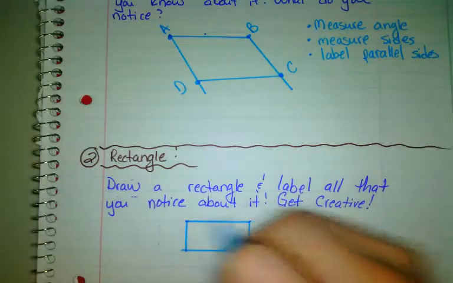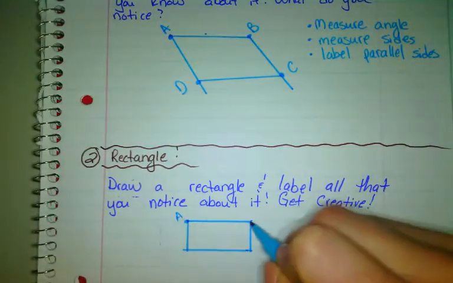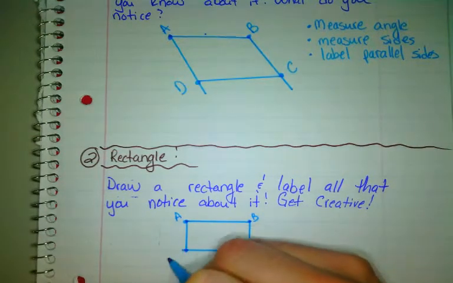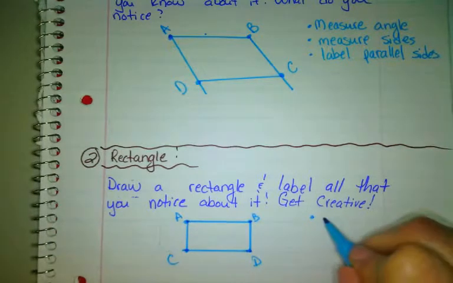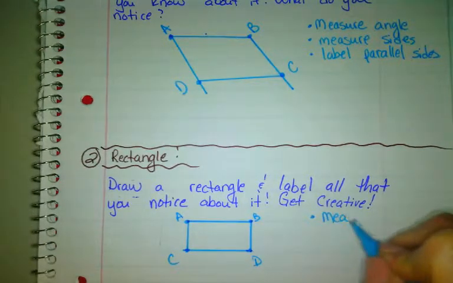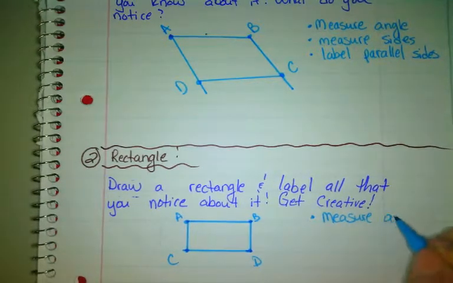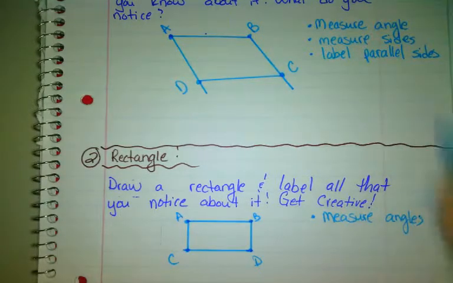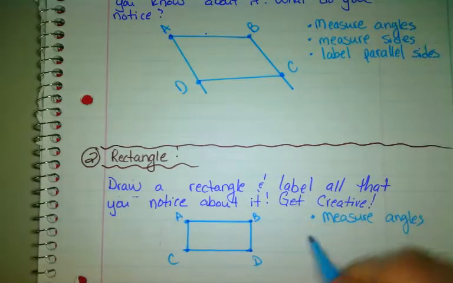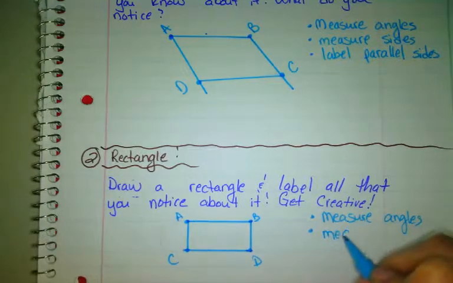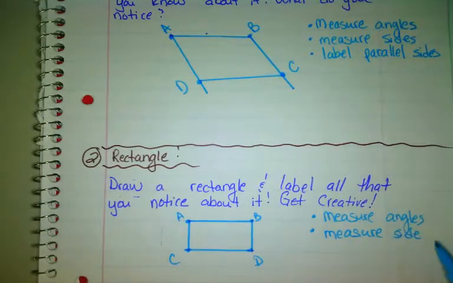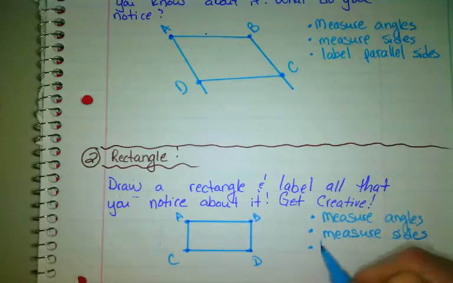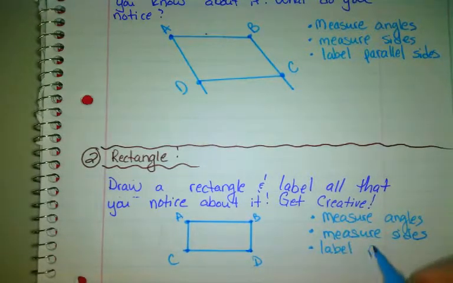Again, on this rectangle, I'm going to label my sides A, B, C, and D. And on this shape, I want you to measure your angles. It's angles, not angle. I want you to measure the side lengths. And I want you to label parallel sides.